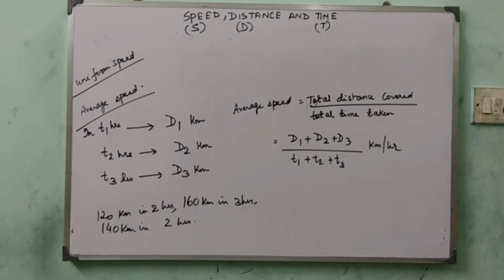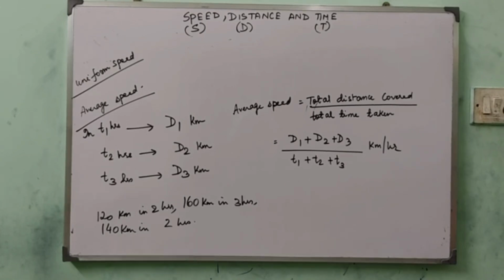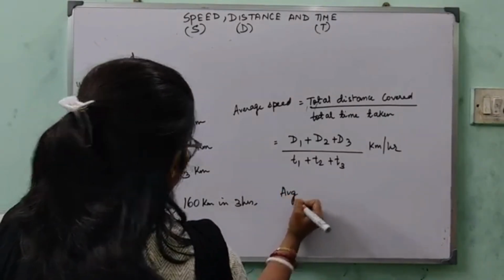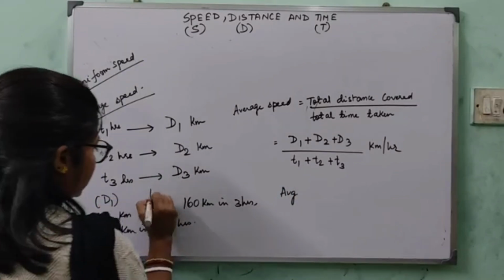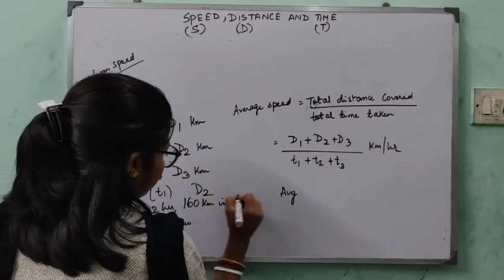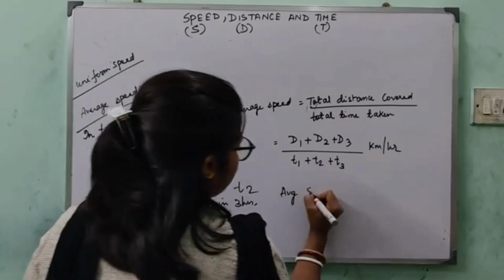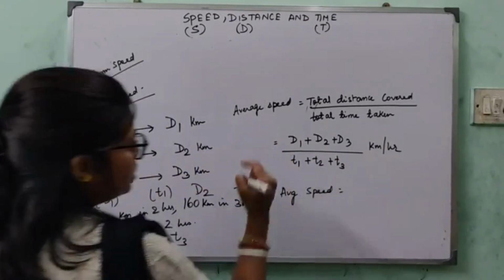So during a journey of mine, I have covered 120 kilometers in 2 hours, 160 kilometers in 3 hours, and 140 kilometers in 2 hours. Say I am traveling by a train. So what is the average speed at which the train is moving? Here you can say this is your d1, this is your t1, d2, t2, d3 and t3. So the average speed, you will use this formula.